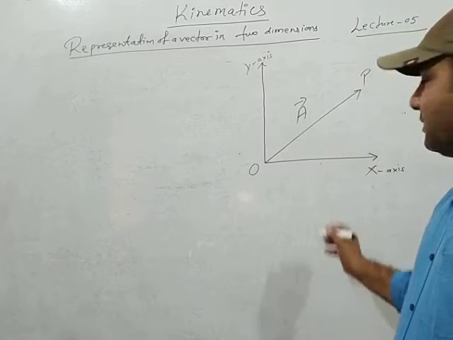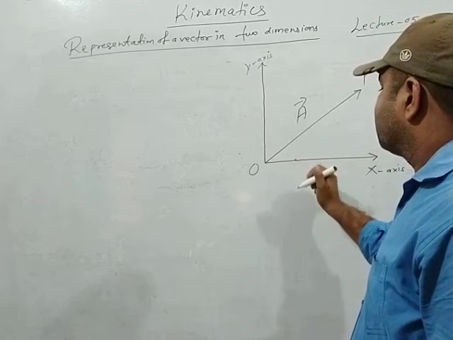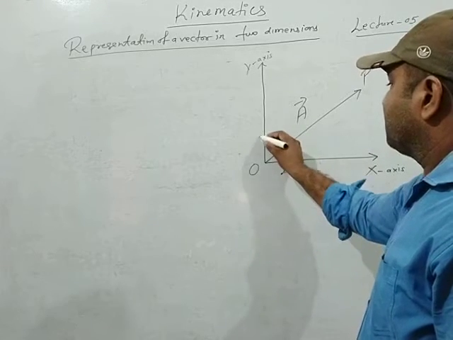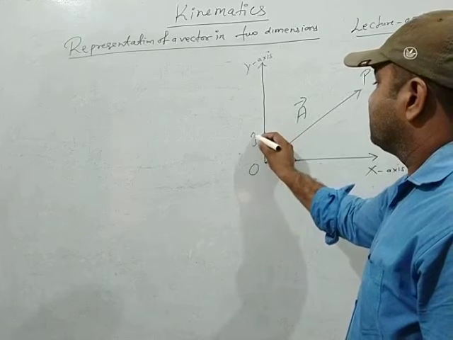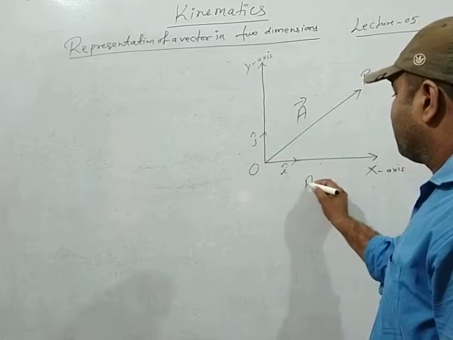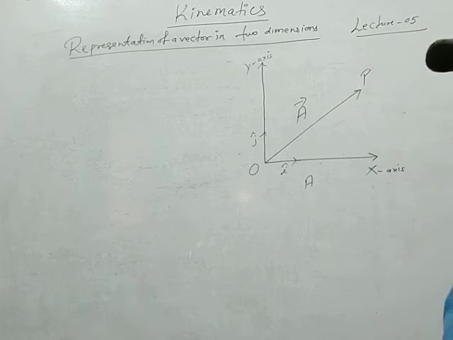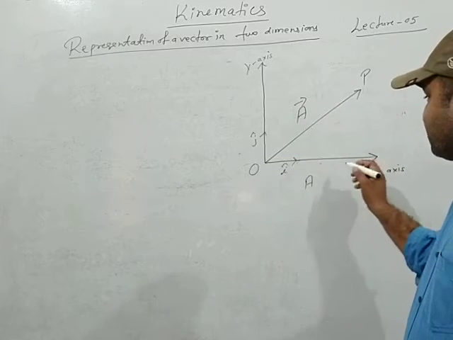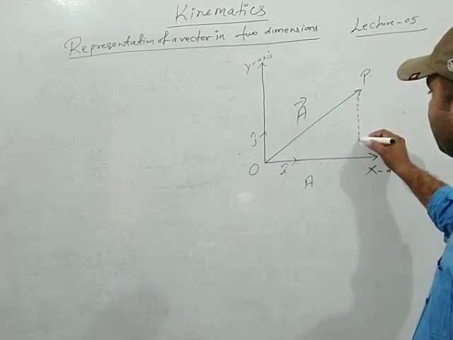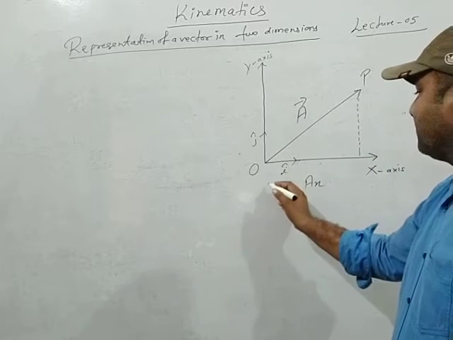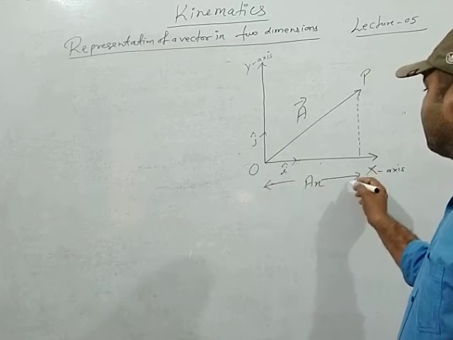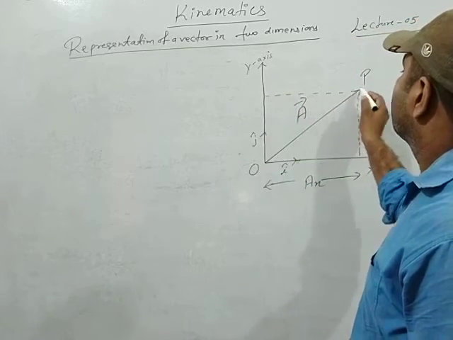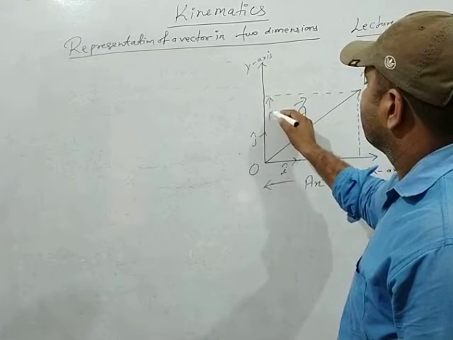And if along the x-axis, i is the unit vector, and along the y-axis, j is the unit vector, and the magnitude of this vector A along the x-axis is AX, and the magnitude of the effect of this vector along the y-axis is AY.